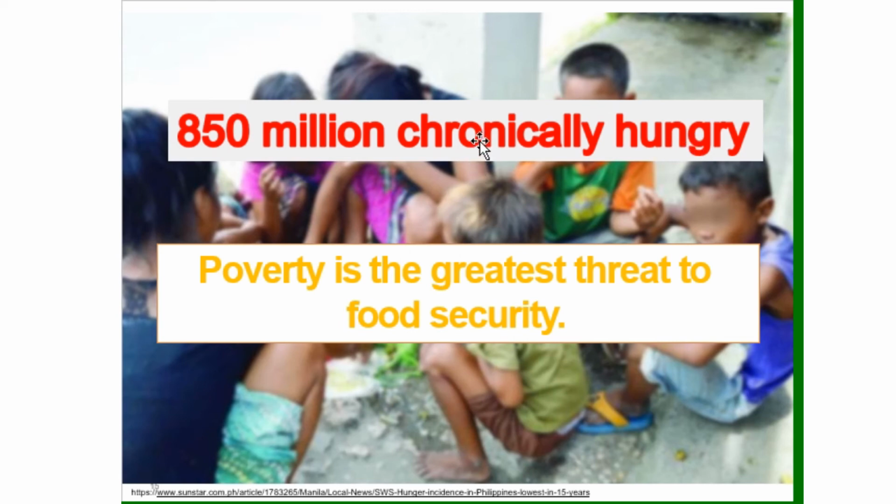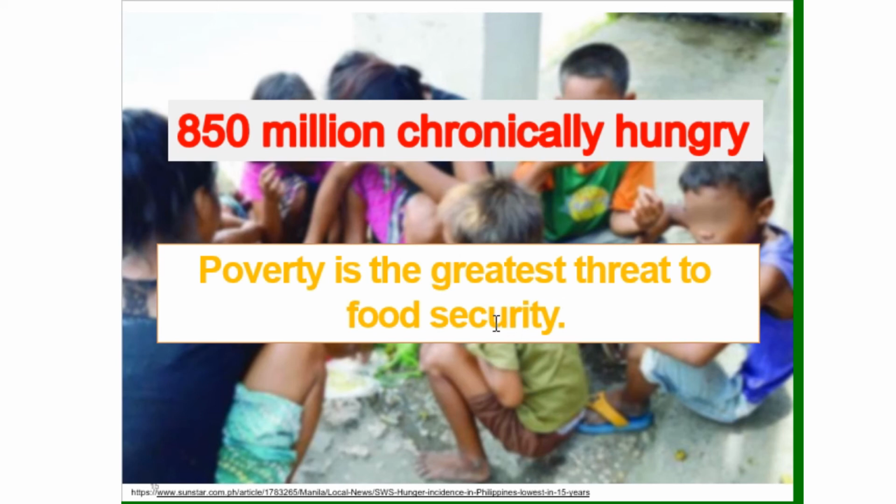Their diets don't provide 2,200 kilocalories per day, which is deemed necessary for a healthy and productive individual. So one person who could not achieve this 2,200 kilocalories per day is not able to be healthy and productive.